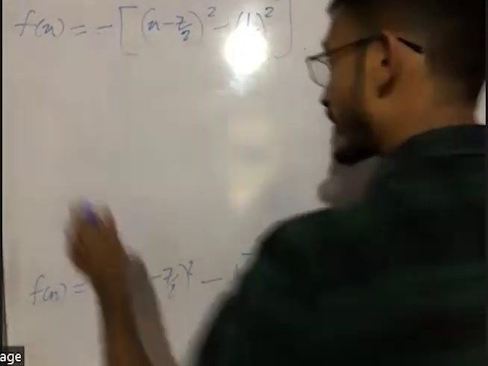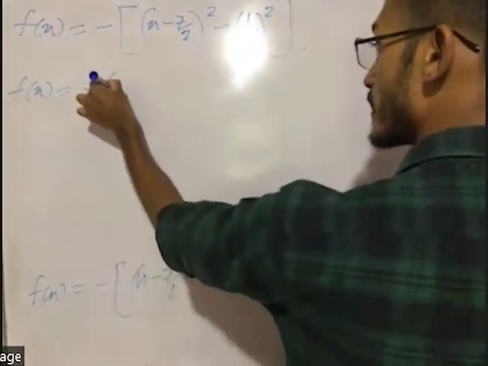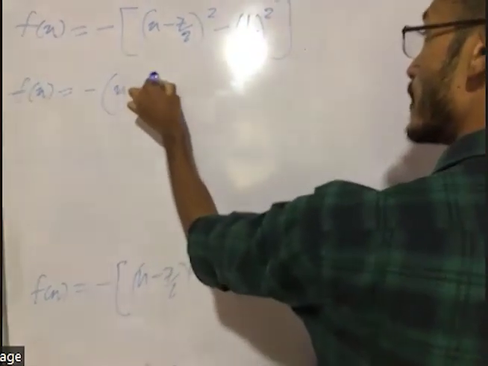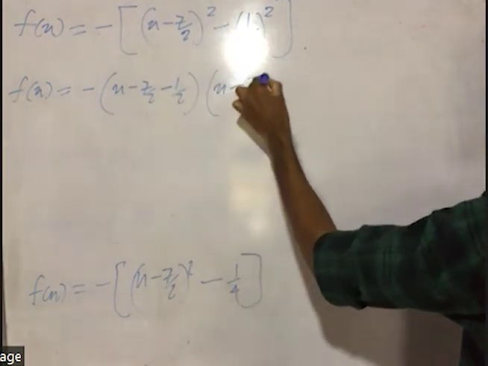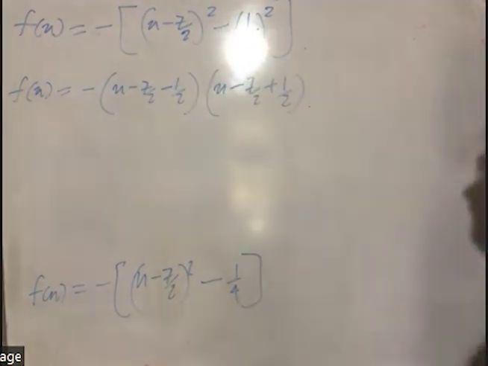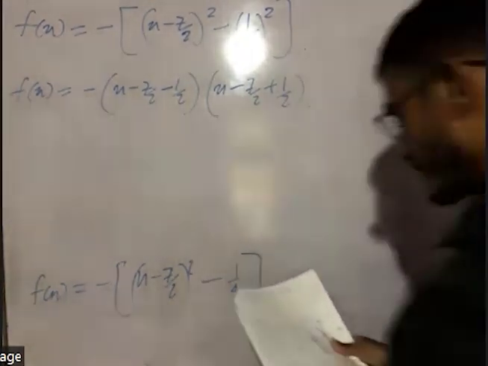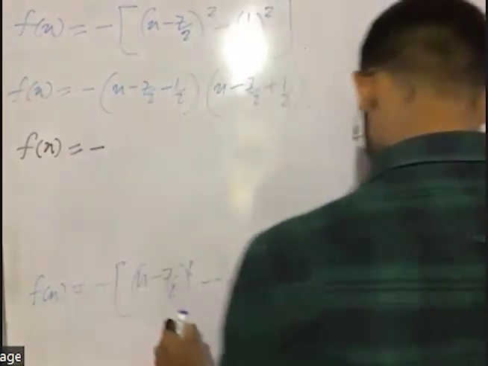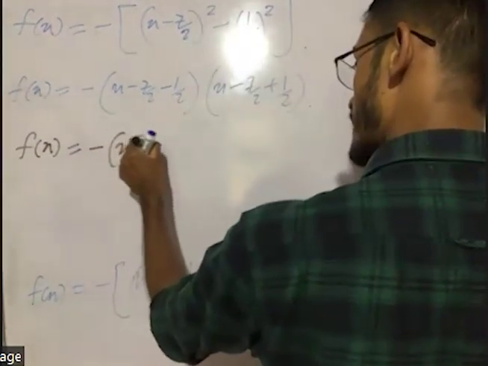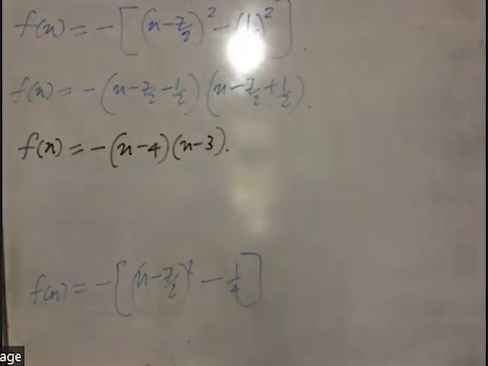Now we can separate this into two factors. f(x) equal to minus, first factor x minus 7/2 minus half, second factor x minus 7/2 plus half. Right? Okay. Now we can write down the factors. f(x) equal to minus, here x minus 4 into x minus 3. So these are the three factors.